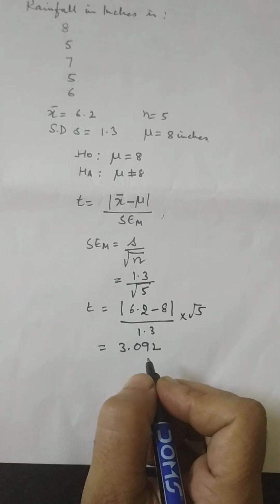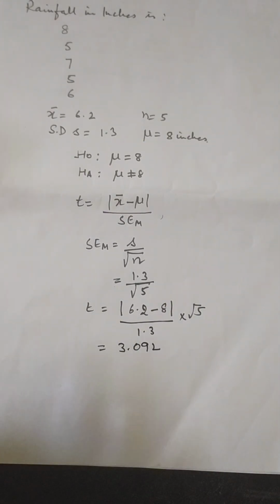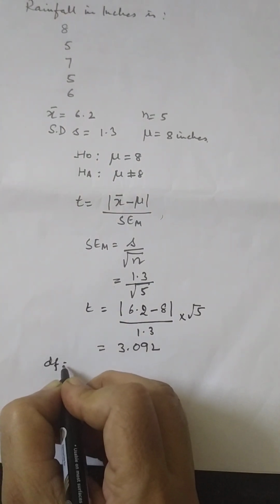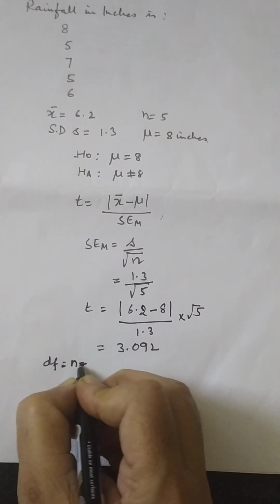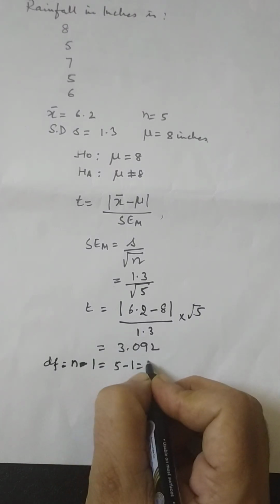Now we have to locate the t value at 0.05 or 0.01 as we assume the level of significance. So let us consider the level of significance is 0.05. We have to find the t value for the degrees of freedom, which we can calculate as n minus 1, which is 5 minus 1 equal to 4.